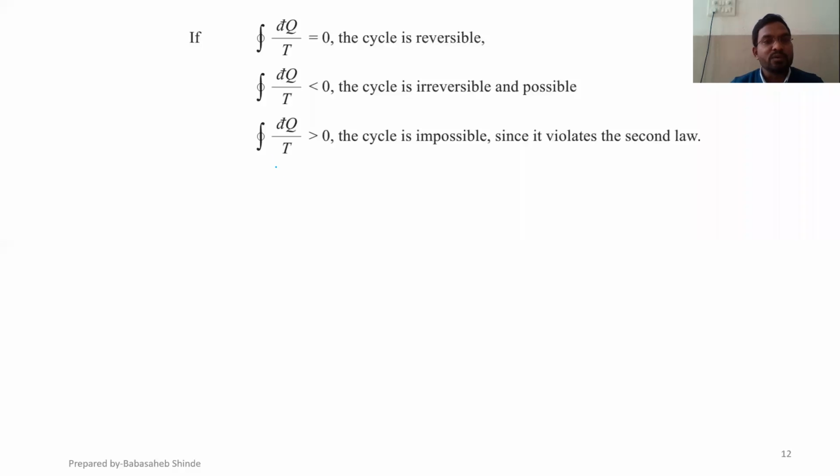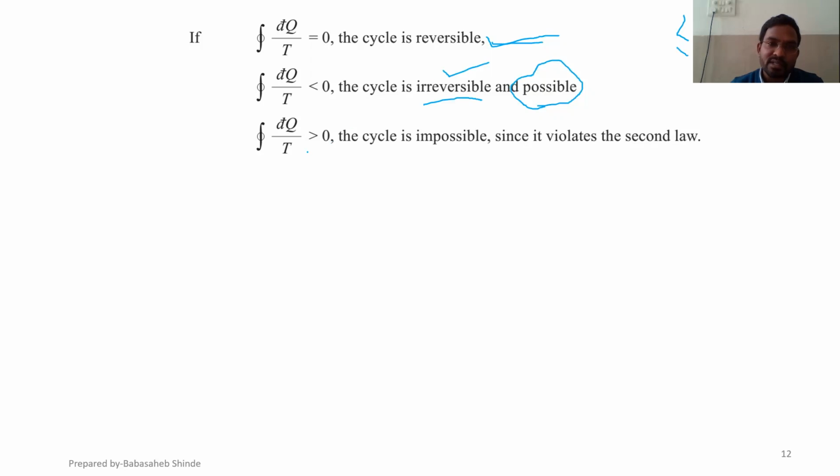If the cyclic integral of dQ/T is equal to 0, the process is reversible. The general equation was less than or equal to. Now when it is equal to 0, the process is reversible. When it is less than 0, the process is irreversible but possible. The process can happen and it is going to be irreversible.